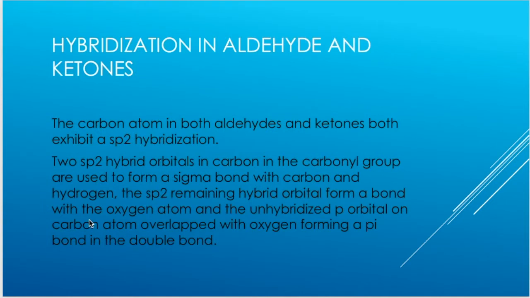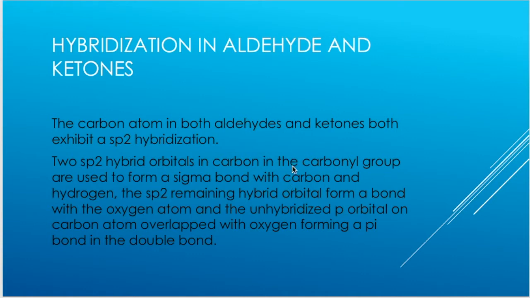The hybridization in aldehydes and ketones is sp2. So for the carbon on the carbonyl group, two of the sp2 hybrid orbitals form sigma bonds, one with the R group and the other with the hydrogen on the aldehyde.